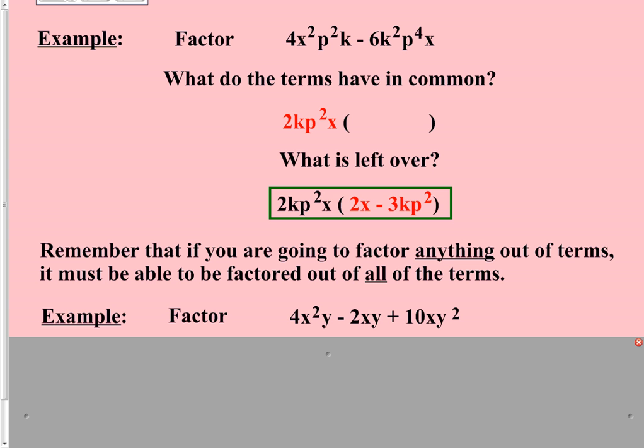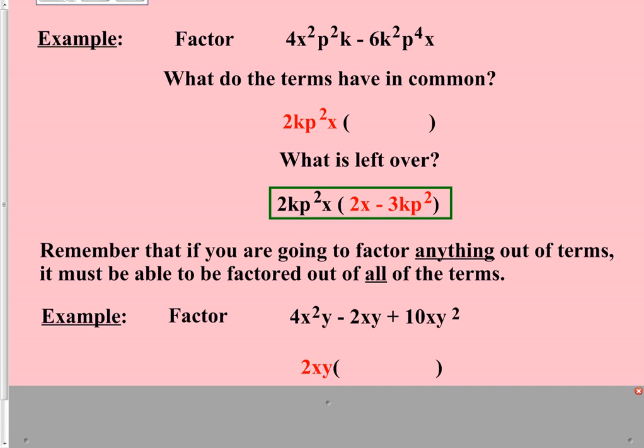Once again, you can see that the last term has 2 y's to give up, but the other two terms only have 1 y. So we would factor out a 2 and an x and a y, and then simply look at what is left. So first term, if we take out a factor of 2 and an x and a y, what's going to be left over? Looks like we're going to have a 2 and an x. Middle term, if we take out a 2 and an x and a y, what's going to be left over?